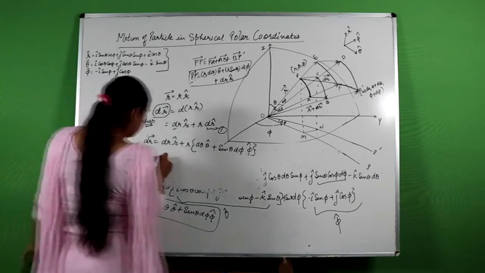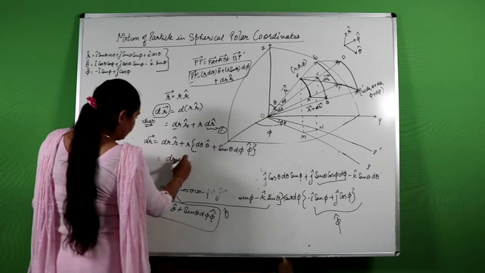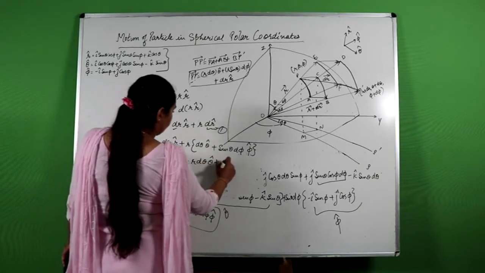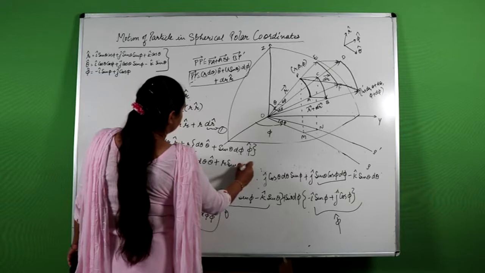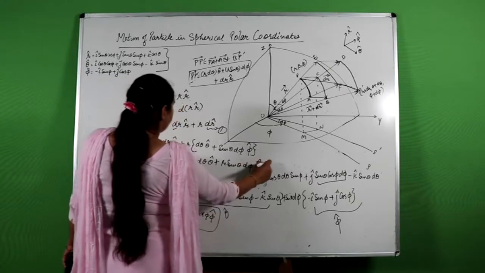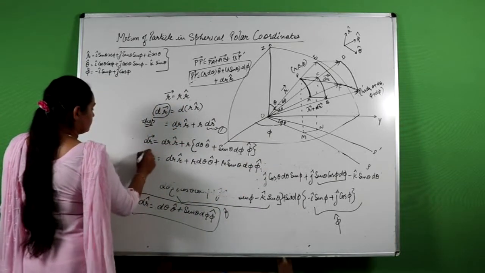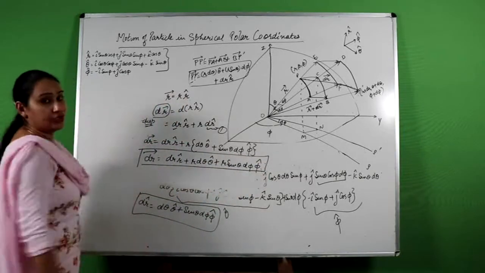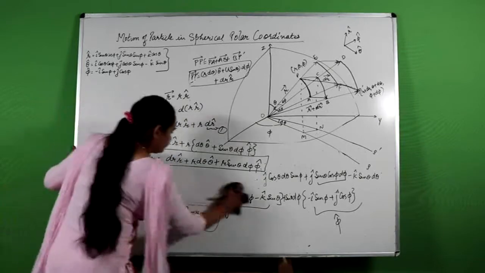So this is my dr r cap plus r d theta theta cap plus r sin theta d phi phi cap. This is my displacement. This is what I wanted to find.